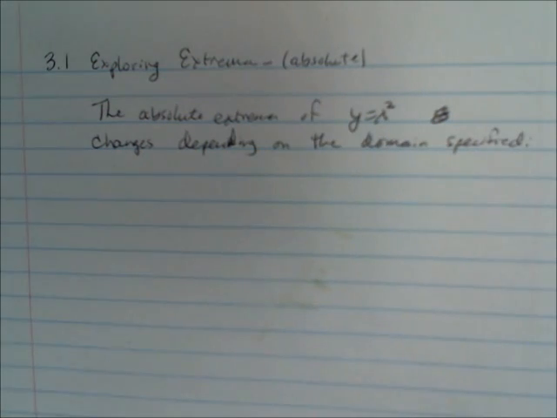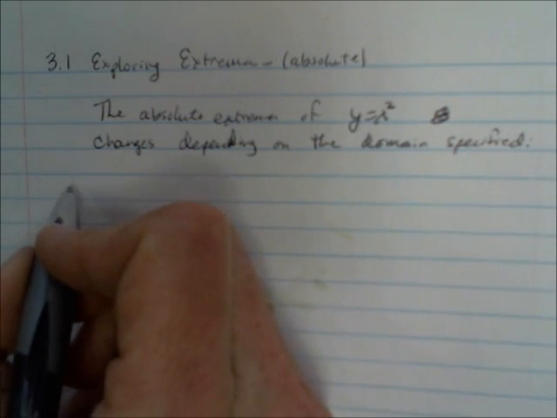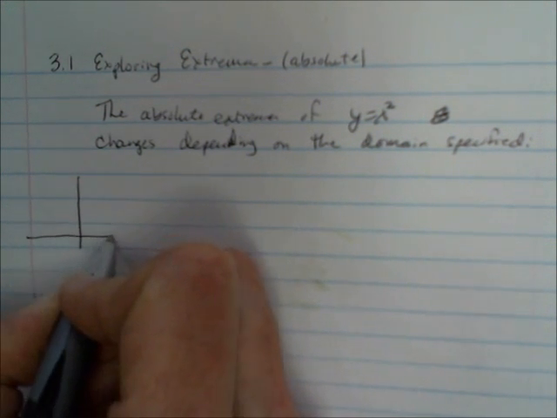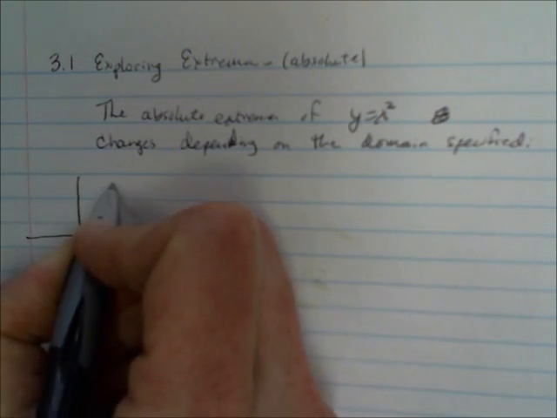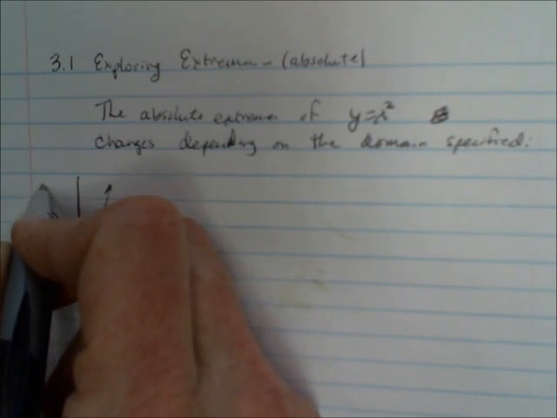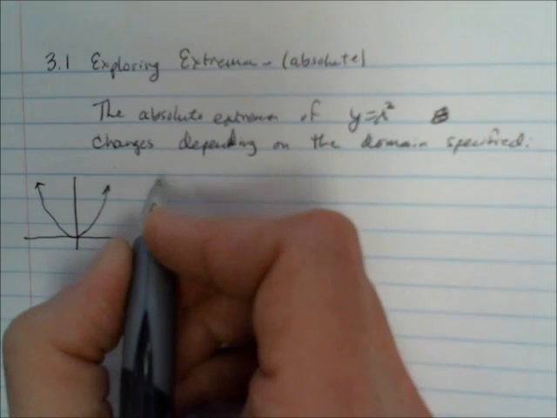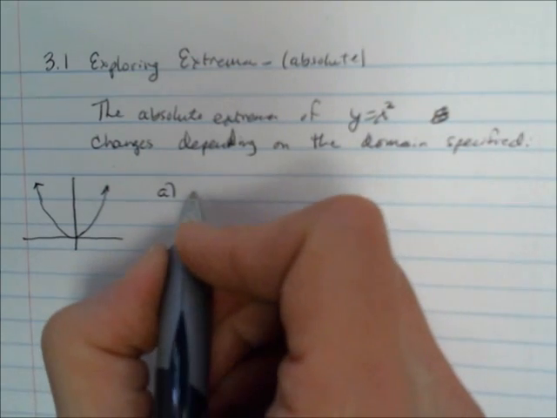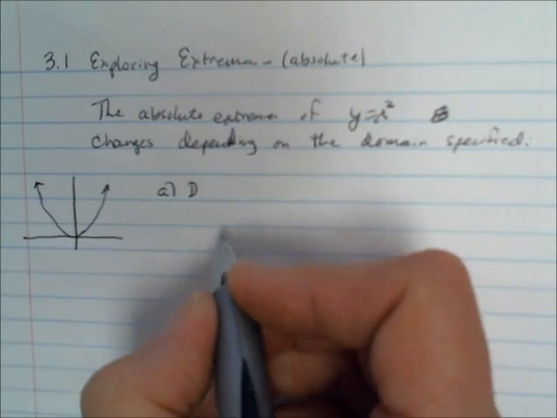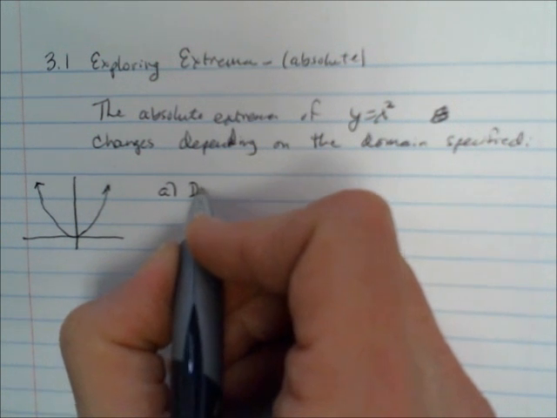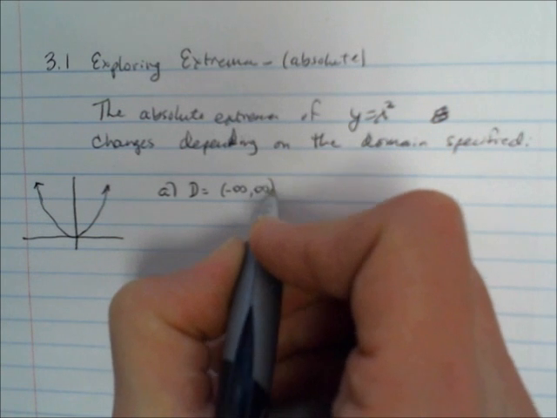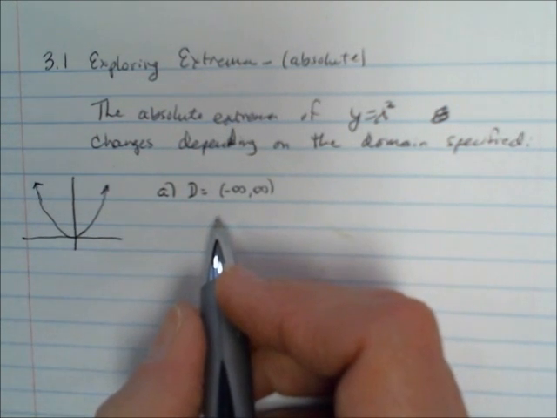All right, first of all, let's just take a look at y equals x squared and have the domain be all real numbers. So if you want to take a look at the graph, you remember what y equals x squared looks like. And let's say for the first domain, we'll have D mean domain. So I'll say D is equal to negative infinity to positive infinity. That means all real numbers.